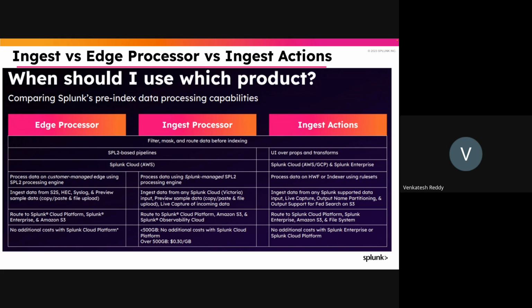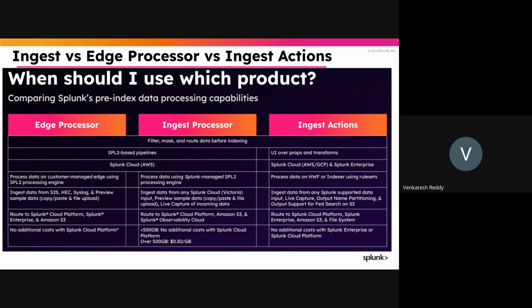The other thing is, for ingest actions, there is no additional cost, because you have your environment, you can do it from the heavy forwarder. We can do this ingest actions on the heavy forwarder or on the indexers.